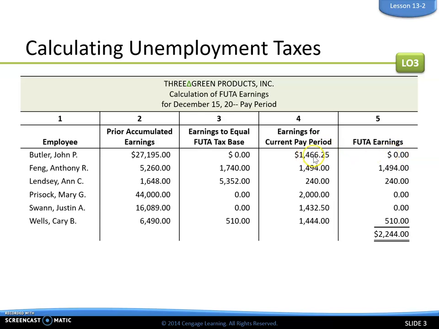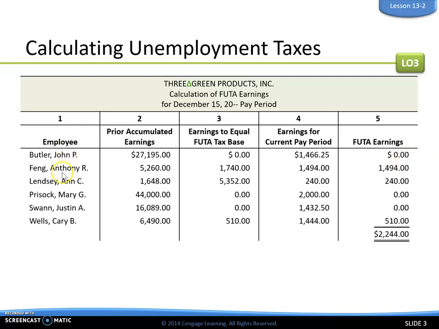This column here is just showing his current pay period earnings. Even though he earned that $1,466, again, he's already reached that tax base, so we don't have to pay any taxes. The FUTA earnings is the amount of earnings that we use to calculate the taxes. So this is going to be 0.